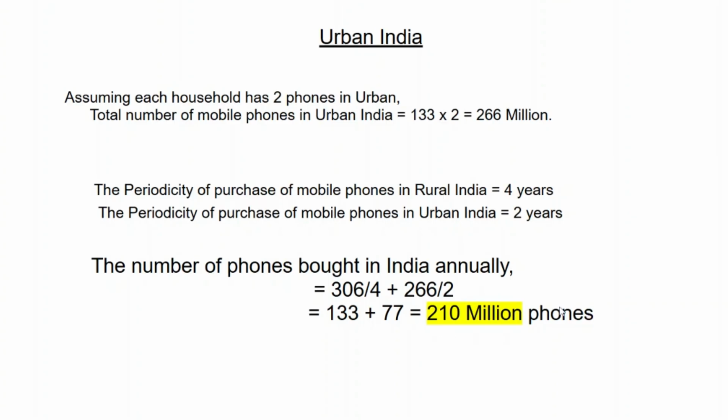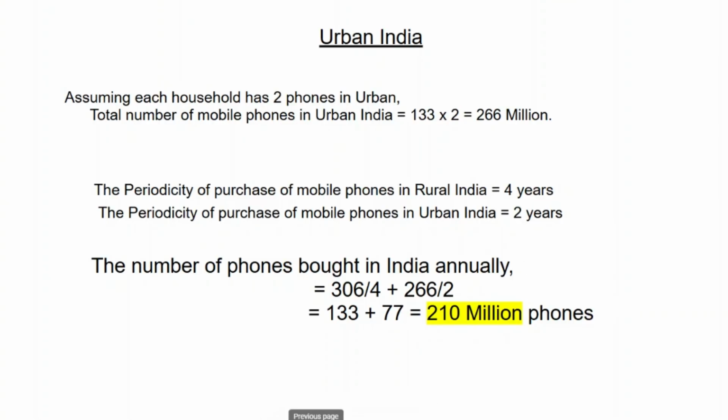Let's assume that out of the total number of phones which are sold in India annually, the smartphone penetration is around 60%, let's say, so we'd multiply it with 60% and we'll get the smartphones out of it also. But here in this question we have assumed that we're taking all types of phones, which gives us 210 million phones sold in India on the annual basis. So that's about the video.